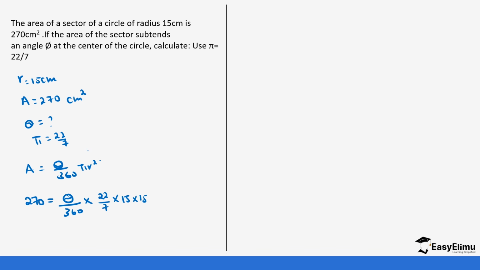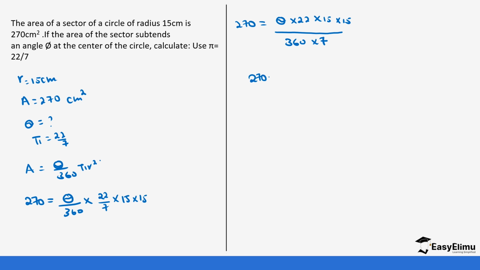Always be careful with the units, always confirm they're in the same units, because that can be used as a trick so that you may forget and use them together. In this case, we have centimeters in both cases. So this is 270 is equal to the angle times 22 times 15 times 15 over 360 times 7. 22 times 15 times 15 gives us 4,950.